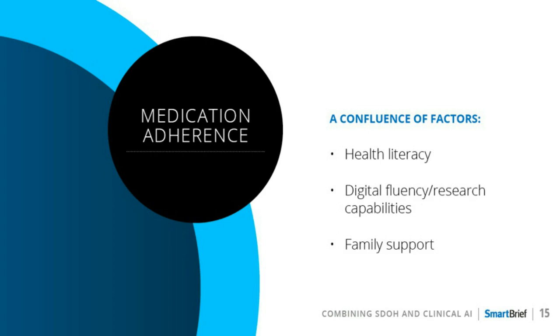So it's important to understand the likelihood that people are facing those hard choices, that they may not know how to take their medications, or that they may not have the support that they need.